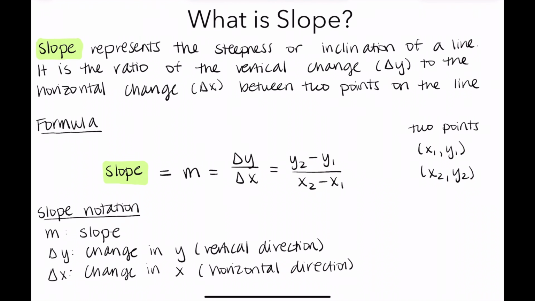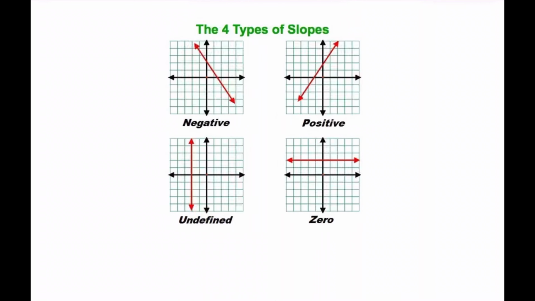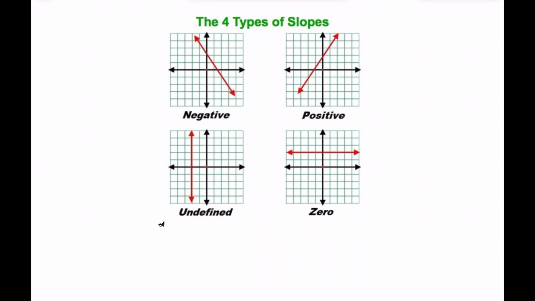But before we do that, I want to also look at this visually. So there are 4 different types of slope. You can have a negative slope, a positive slope, an undefined slope, and a zero slope. If we start out by looking at the negative slope first, as we can see from the graph, as our x values increase, so as we move to the right, the line falls.